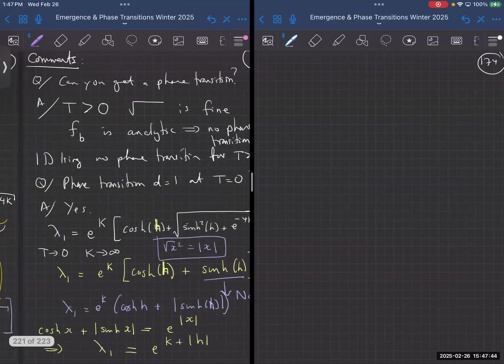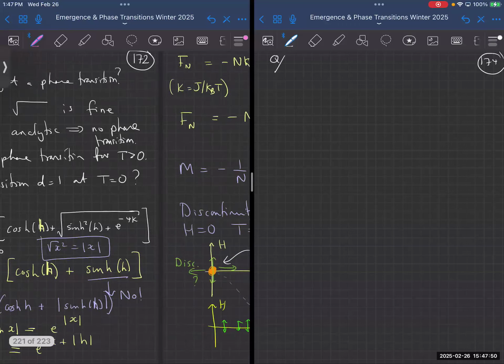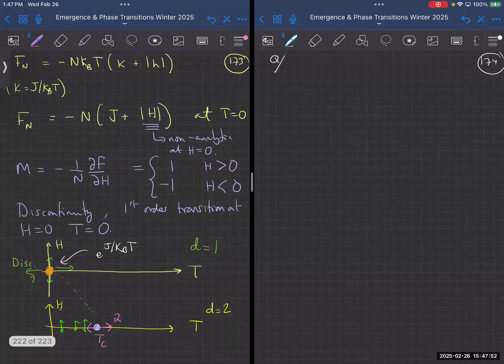Let me make a couple of remarks and refer you to the book for more details. Given this whole picture of the transfer matrix with these eigenvalues, the question is, how do you see phase transitions?